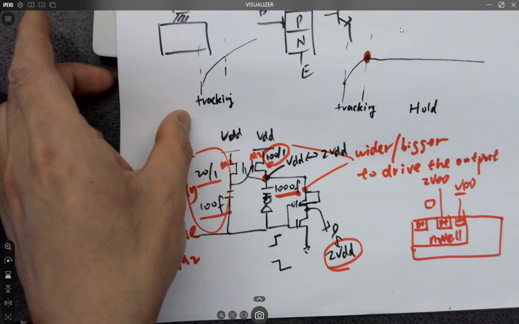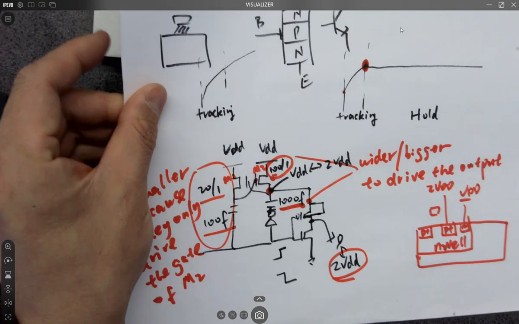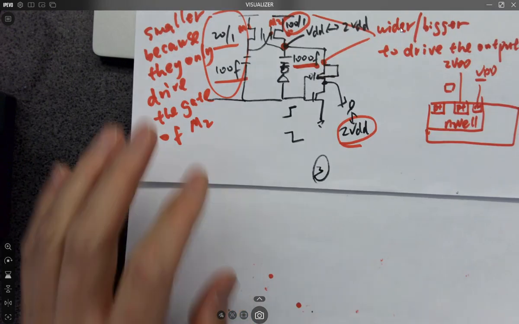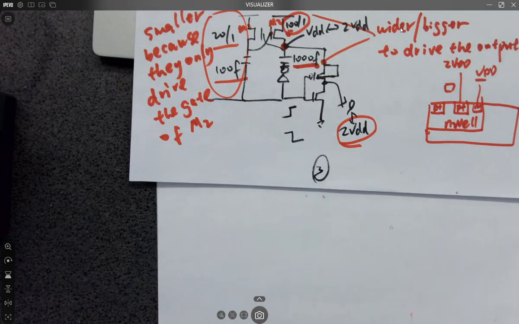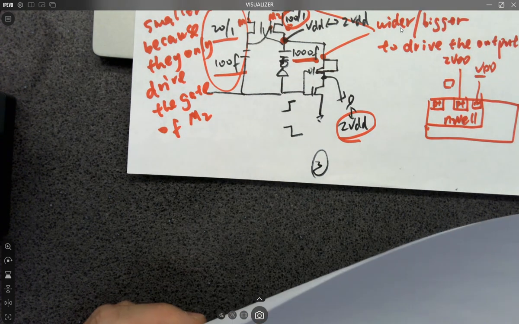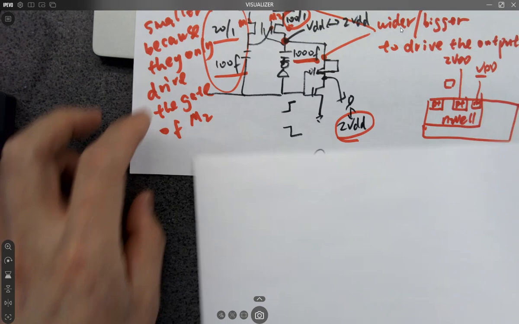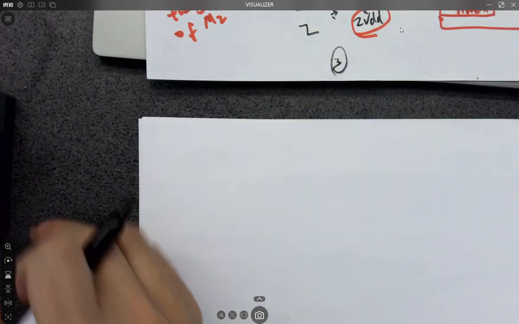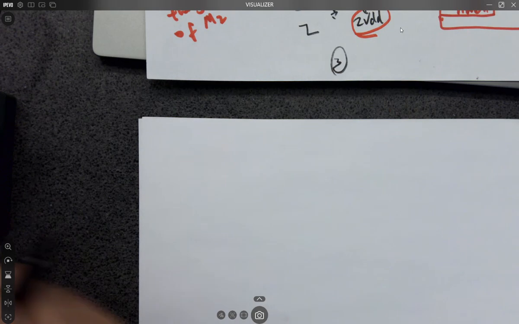And if we extend this circuit, given that this one is able to boost voltage from VDD to 2 VDD, we can use this relatively higher voltage to pass the entire VDD from the NMOS to the source terminal for the sample and hold circuit. So now let's draw that schematic over here.